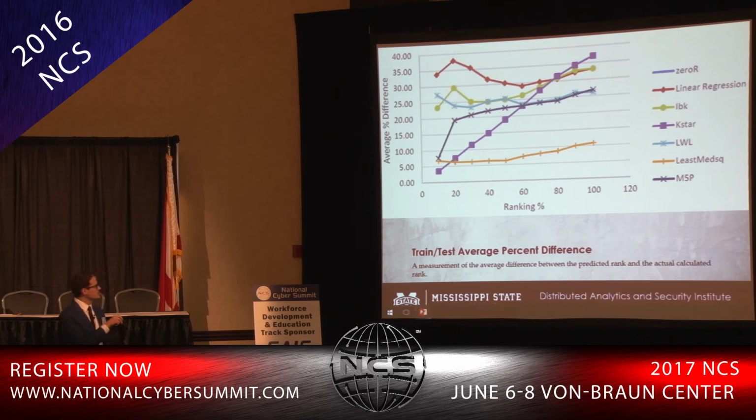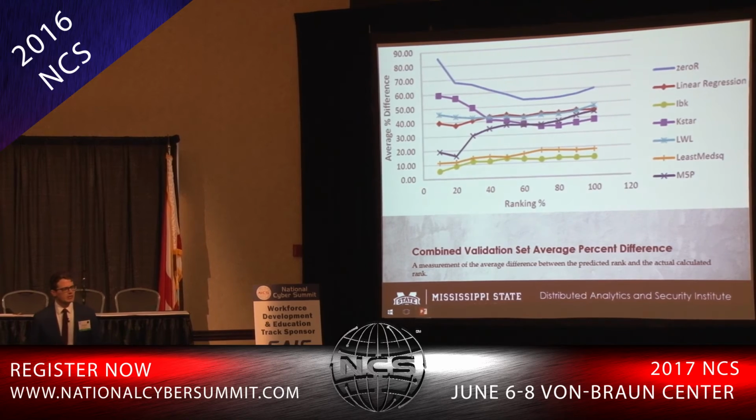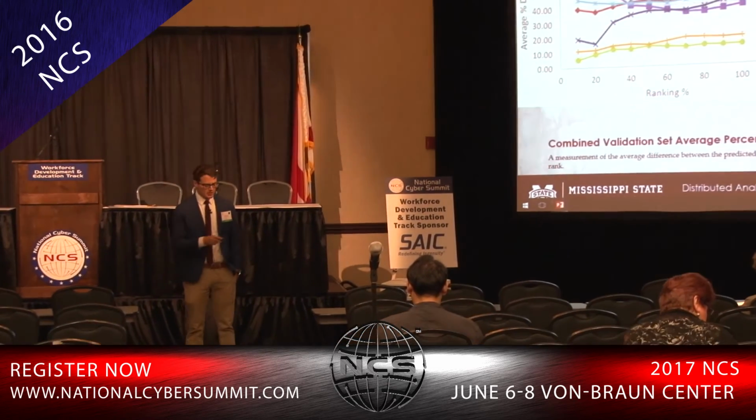And again, this is using the training and test data. You can see quite a few of the instance-based learners have somewhere between 25 and even 30% difference. Then we have our combined validation data set, where again, you see IVK comes much lower. This makes sense with an instance-based learner, that it would perform very well with data it had seen before.